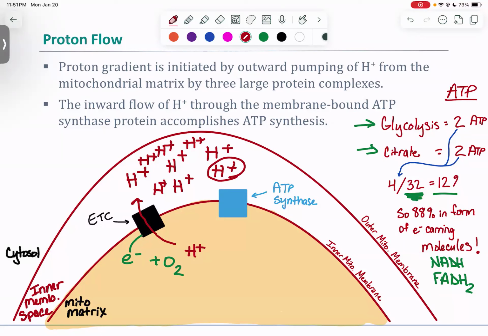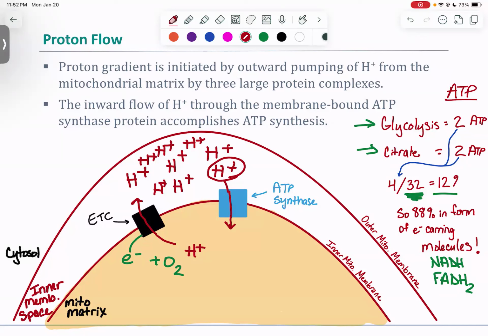But they can't do it by simple diffusion because there's a membrane there and it's charged. So the ATP synthase protein has a channel that those protons can go through.